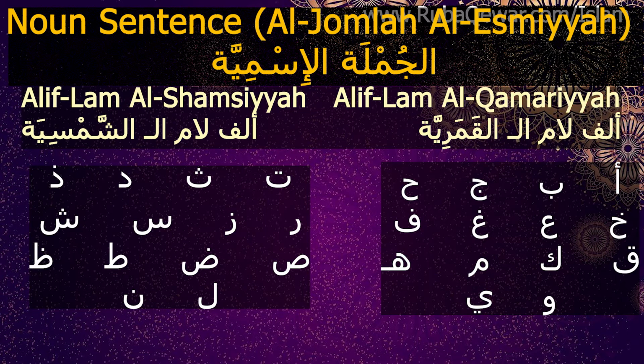Is there any criteria for these letters to be sun and moon, or they just happen to be because they are? Yeah. Okay. عين, غين, قاف, ميم, نون, ها, واو.